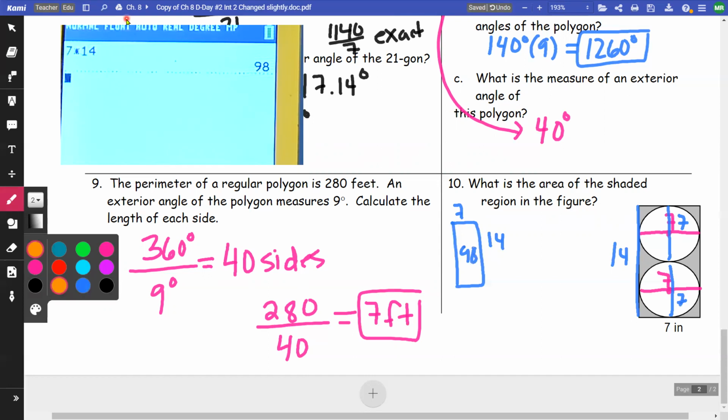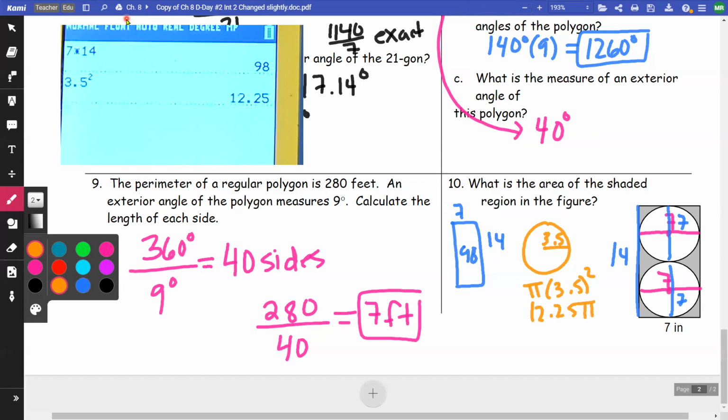For my circle, I'm going to have 2 circles, but each circle is going to be 7 all the way across. So it's going to be 3.5 for my radius. And so I'm going to have pi times 3.5 squared. If I take 3.5 and square it, I get 12.25 pi.